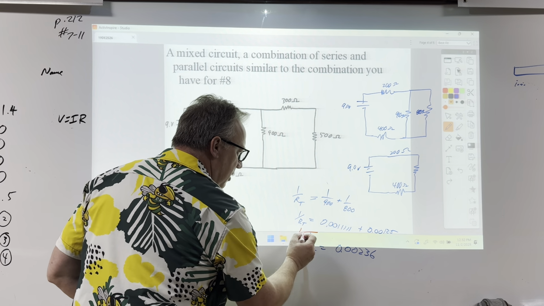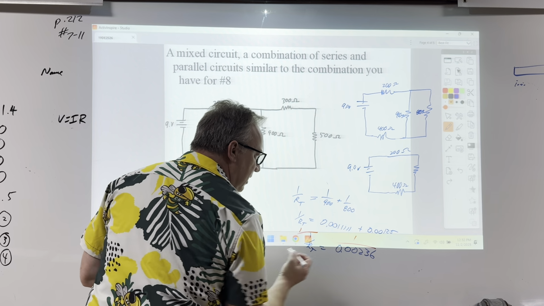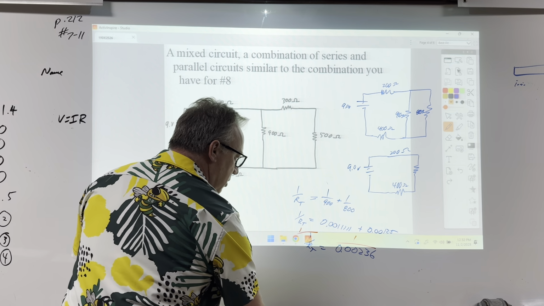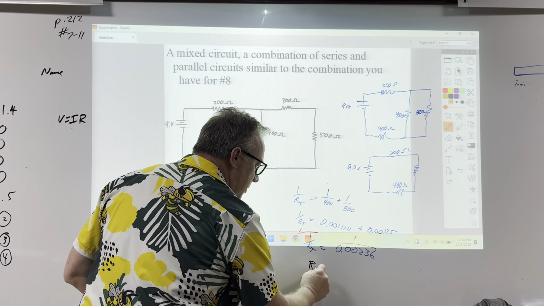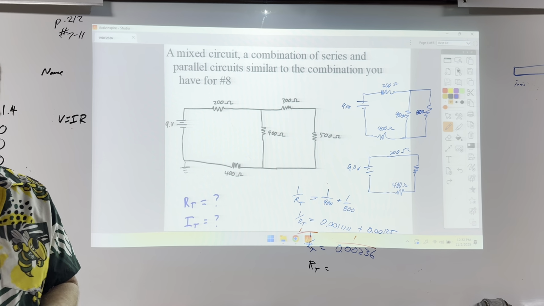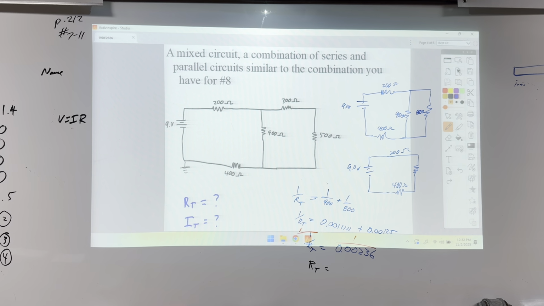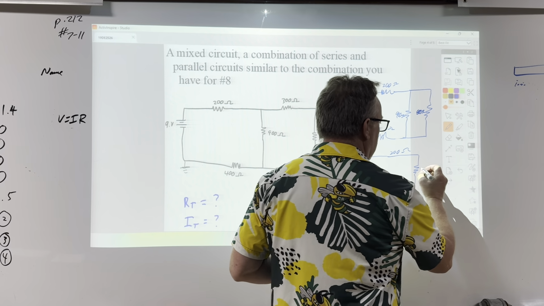Invert that whole thing, which gives you RT, and invert that. So RT equals 1 divided by 0.00236, which is 424. Not what I thought it was going to be.